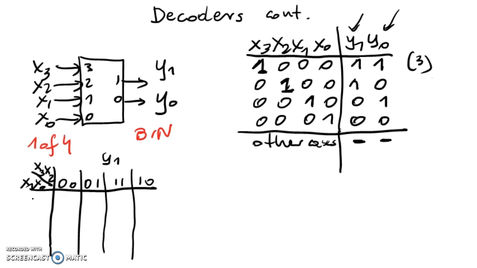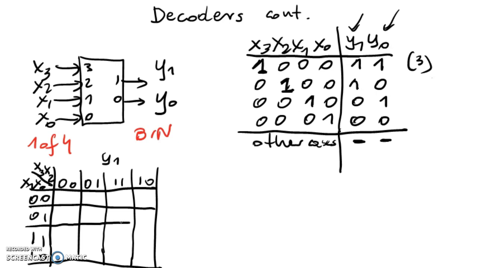Don't forget it. Yes, please remember. Yes, gray code. And the fastest way of filling in this K-map is to find these 4 cases. Okay, and the remaining will be filled with don't cares.